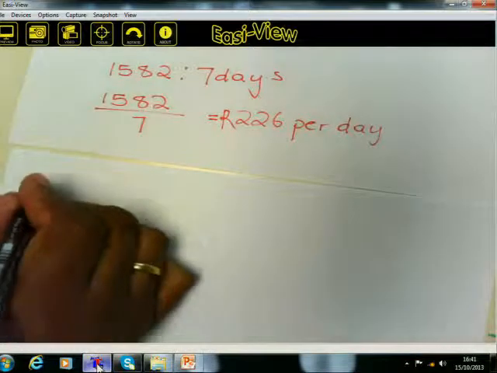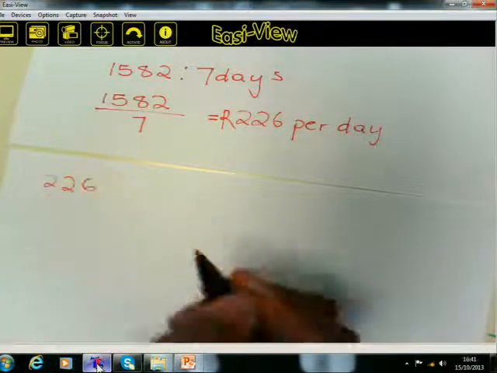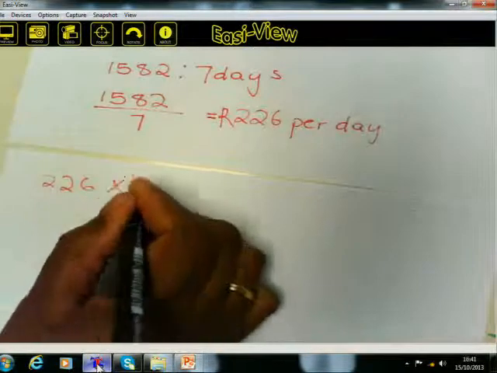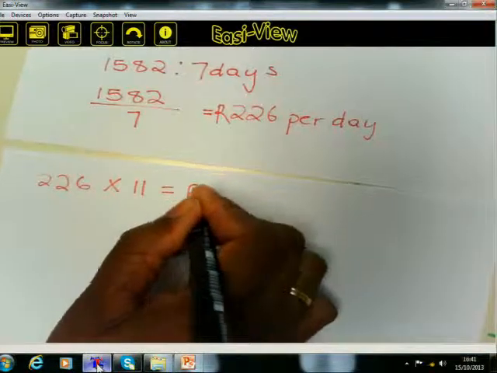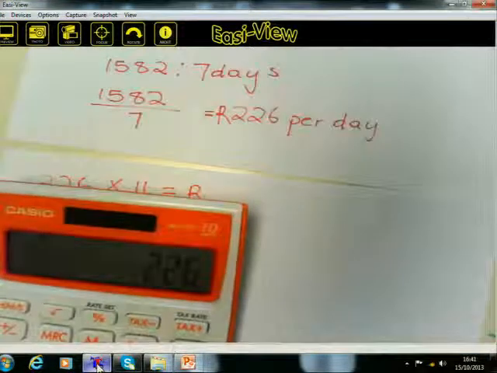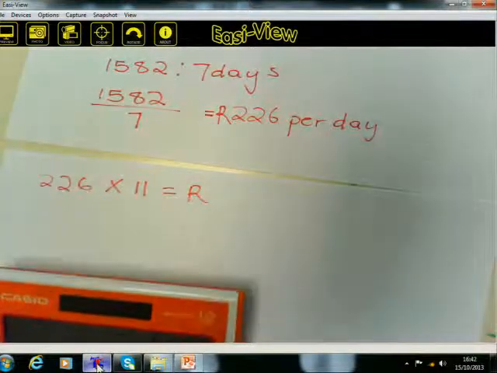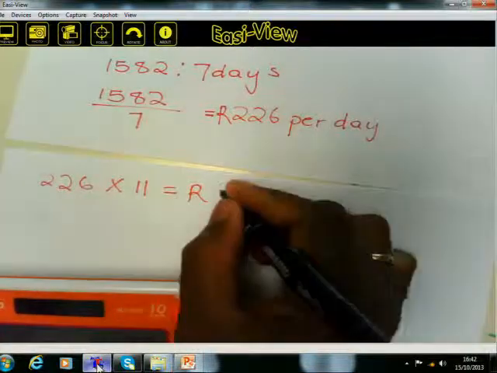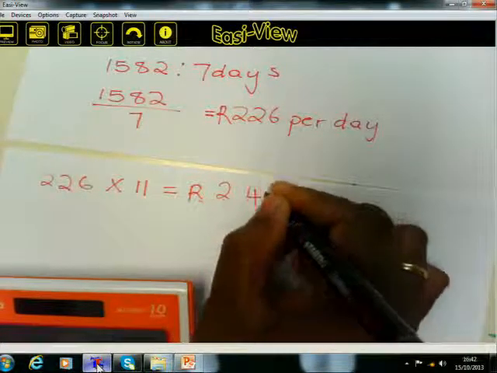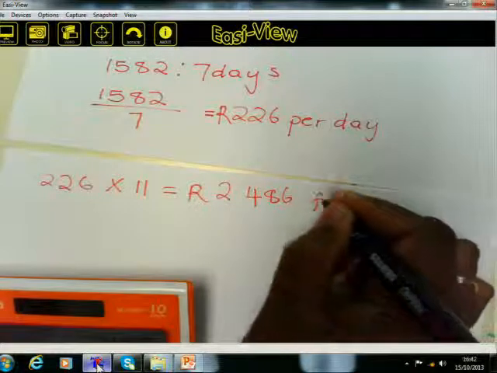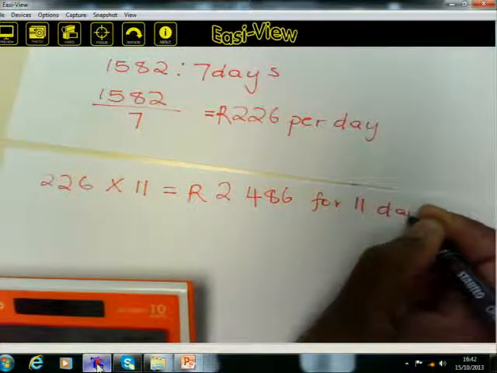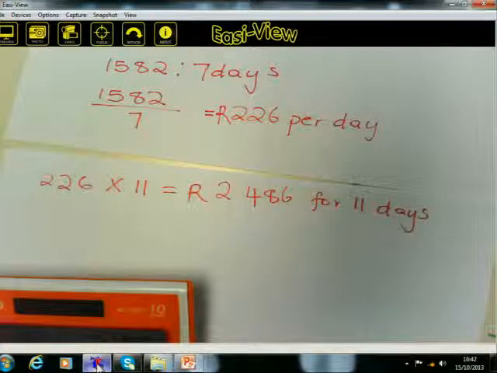So for 1 day, we have 226. We multiply it by 11 days, and then how much do we get? 226 multiplied by 11, we get 2,486 for 11 days. So this person is going to pay 2,486 for 11 days.